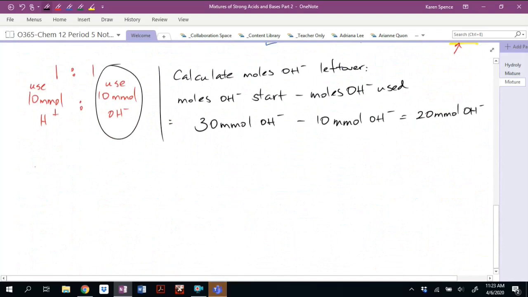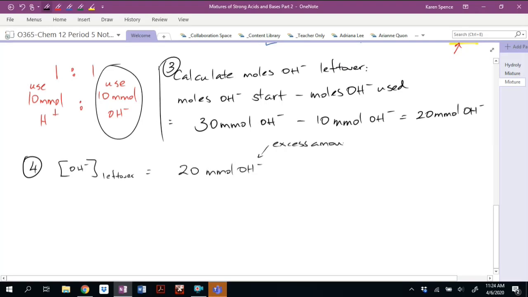Okay, so that was step 3, this is step 4, the concentration of hydroxide left over is going to be 20 millimoles of hydroxide, which was the excess amount, or if you prefer, the leftover amount.